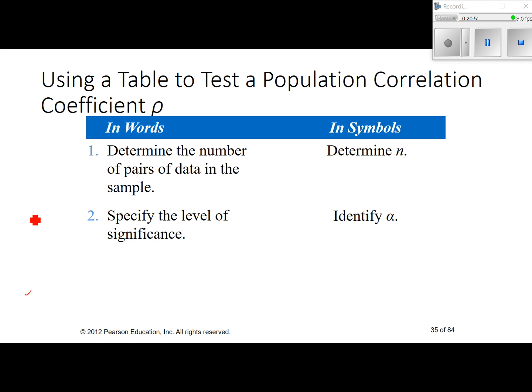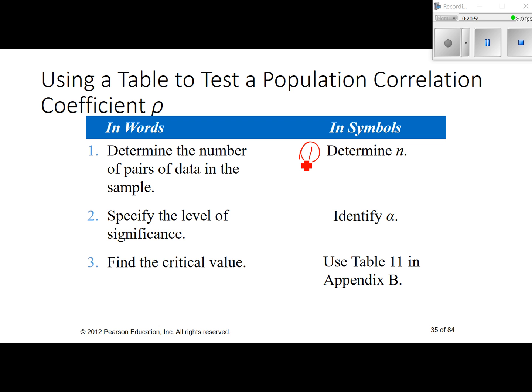So to do this, these are the steps. Not anything real difficult. Number one, figure out what your N is, how many pieces of sample information you have. Number two, identify your alpha, your level of significance. Number three, you're going to find the critical value by using the chart.